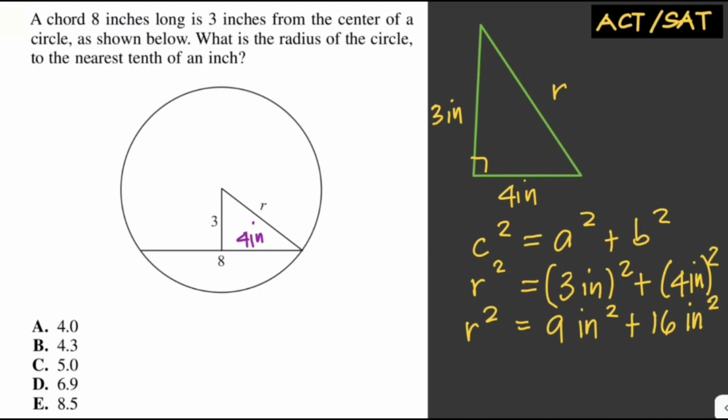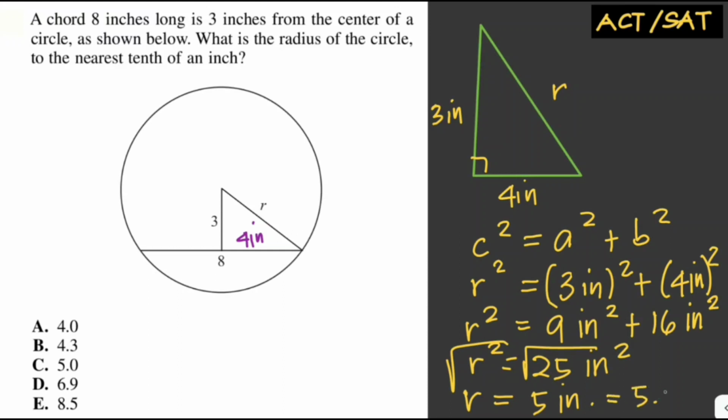So r squared is just equal to 25 inch squared, and we get the square root of both sides. Therefore, the value of r is just equal to 5 inch. So this is just 5.0 inches. So the answer here is letter C.